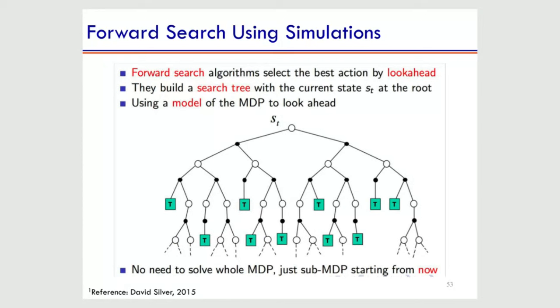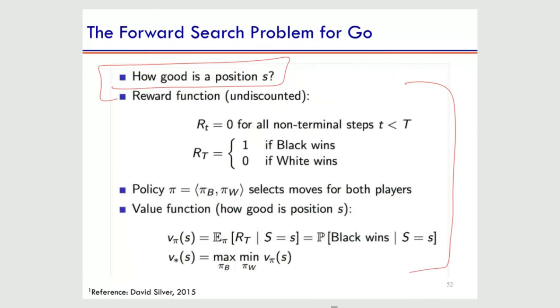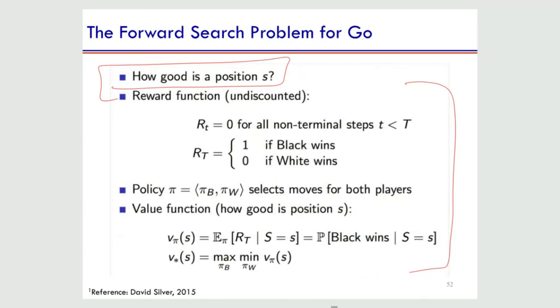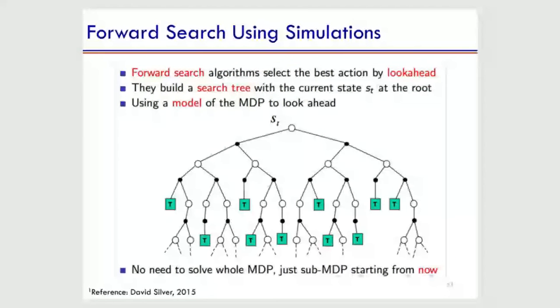So the way to solve the forward search problem, although I'm claiming that it's a very interesting problem, the solution approach is very simple. Remember this problem is asking how good is the position S. What we need to figure out is what is the best thing to do now. To answer that question, you build a search tree from the current state, for example the current board state.